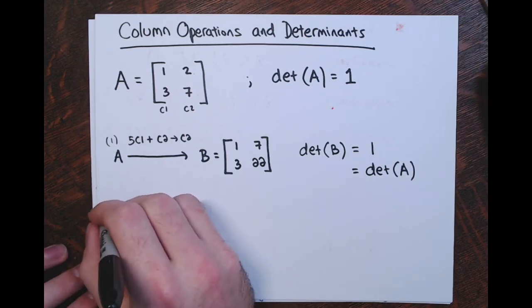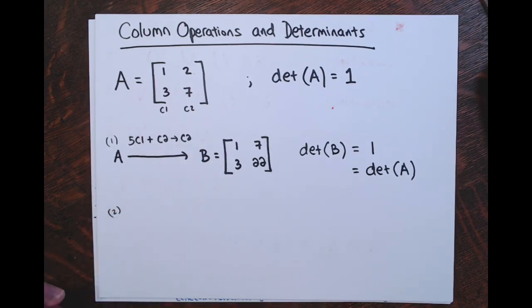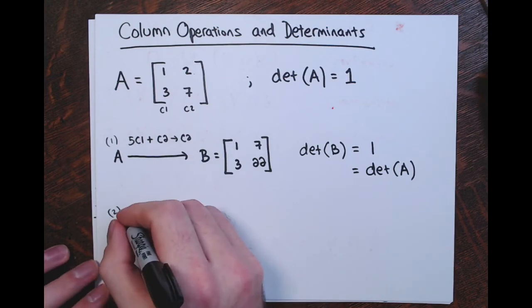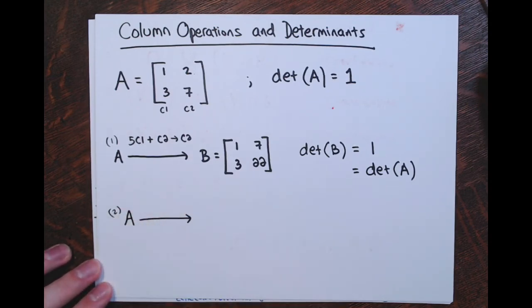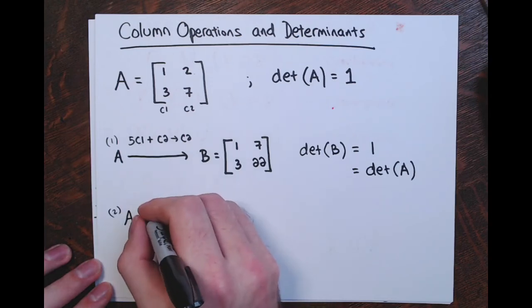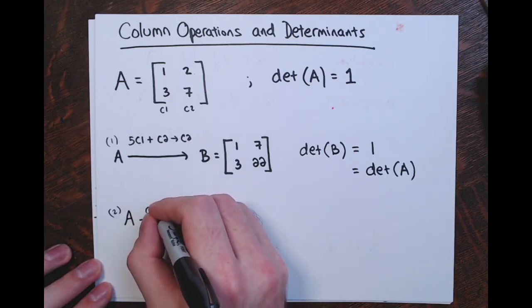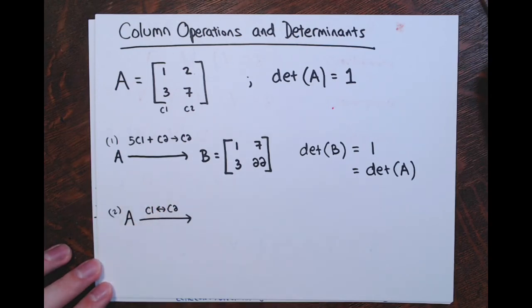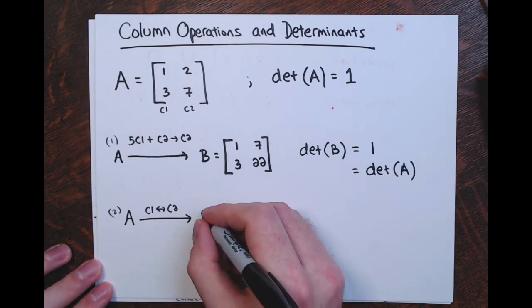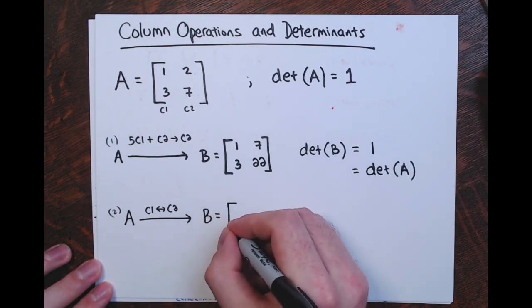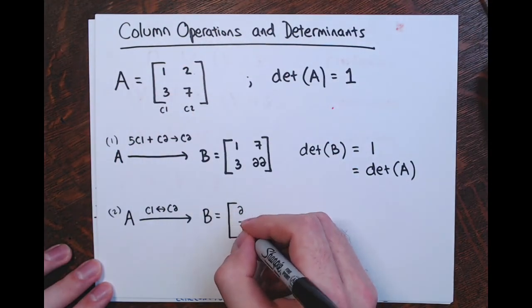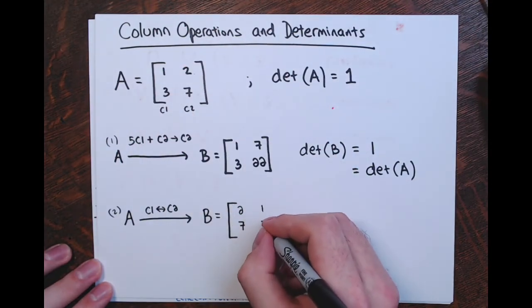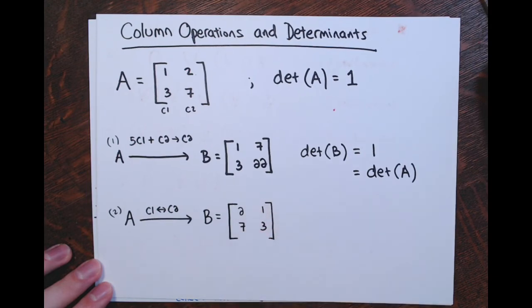The second one was switching columns. All right, so let's say I have matrix A, and then we perform the following operation, where I switch column 1 and column 2. And then I'll create a new matrix, again, I'll call it B. Now if I switch the columns here, we'll have 2, 7 is now the first column, and 1, 3 is now the second column.